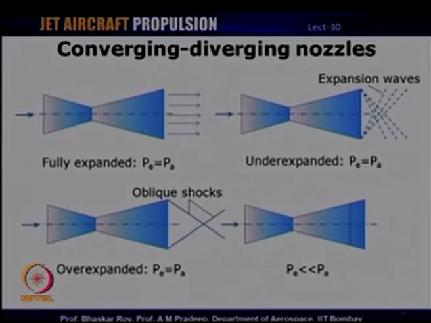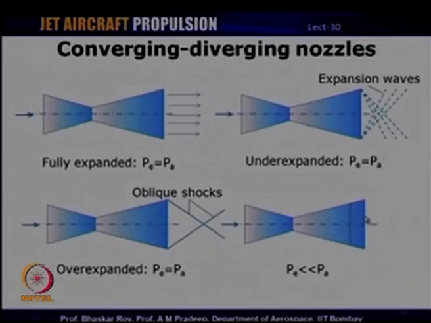Then we have an over expanded nozzle, in which case the pressure gets finally equalized through what are known as oblique shocks, because now the pressure has to eventually become equal to the ambient pressure. So, you may have oblique shocks originating from the lip of the nozzle, and the pressure gets finally equalized there. If PE is much less than PA, then we have an occurrence of a normal shock, which could occur within the nozzle itself in the divergent section.